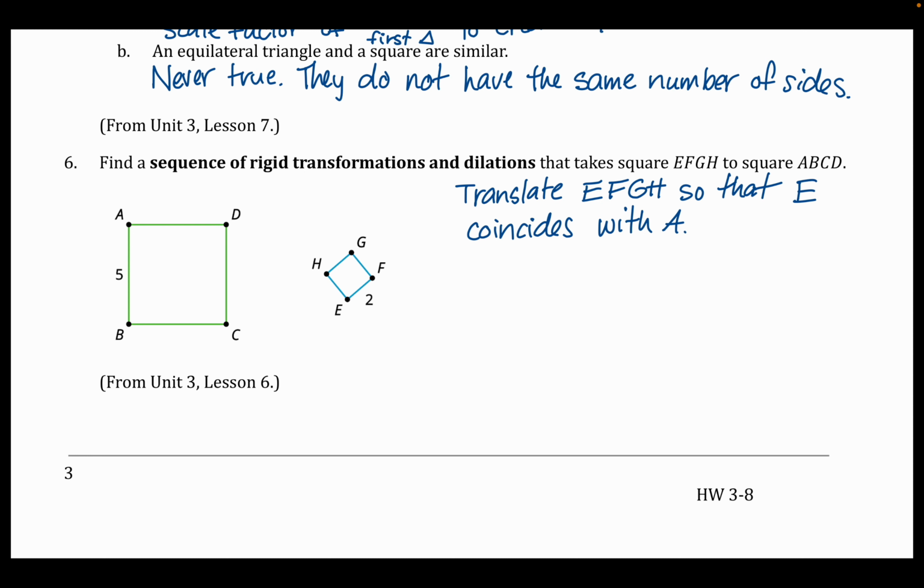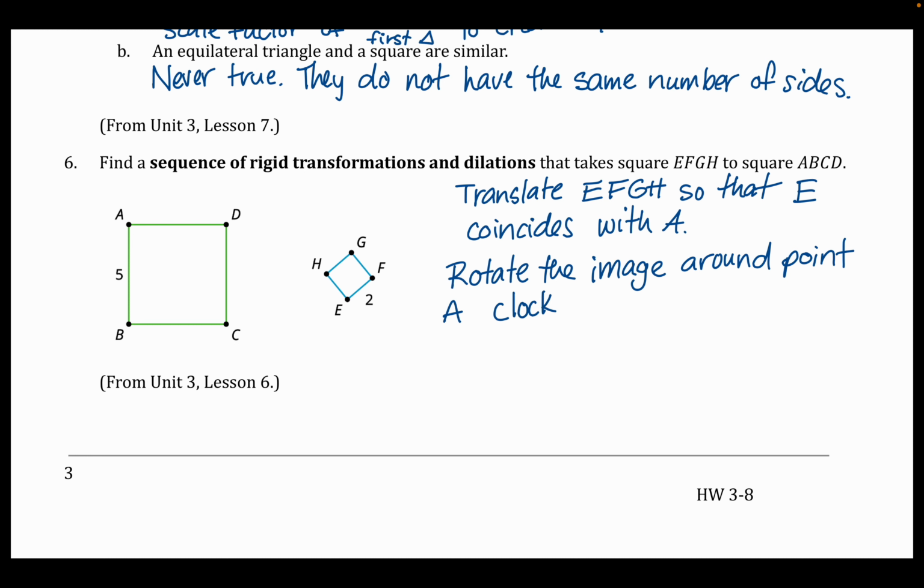So since E and A are lined up, we are going to rotate the image around point A, and E, F, G, H. It technically doesn't matter which direction you rotate, so I don't have to say clockwise or counterclockwise, and I don't have to include degrees here because we're just going to rotate until a certain point, although it does seem like the smallest direction of rotation here would be clockwise, so I'll just include that.